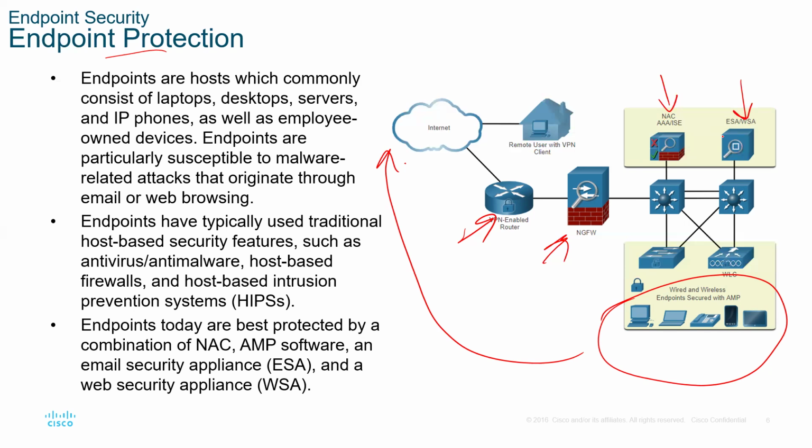So those two are responsible for monitoring SMTP traffic, therefore preventing attacks such as spam, and we also have phishing attacks via the email. From there, we also have endpoint secured here with AMP. Endpoint secured with AMP, that's another form of security that we have there. Advanced malware protection.